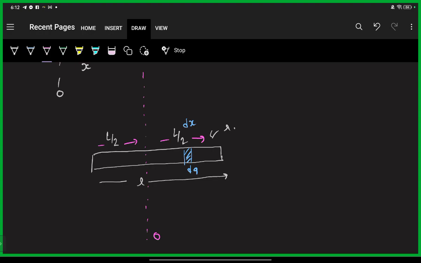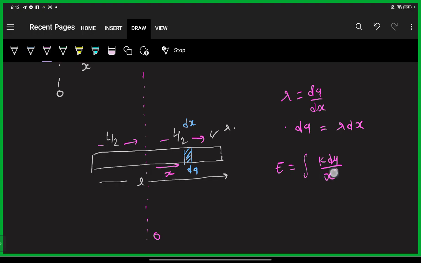Here the charge will be dq by dx, right? dq is basically lambda dx. But when you are going to apply integration for anything, like finding an electric field, it is given by k dq upon x square, if it is x distance away.